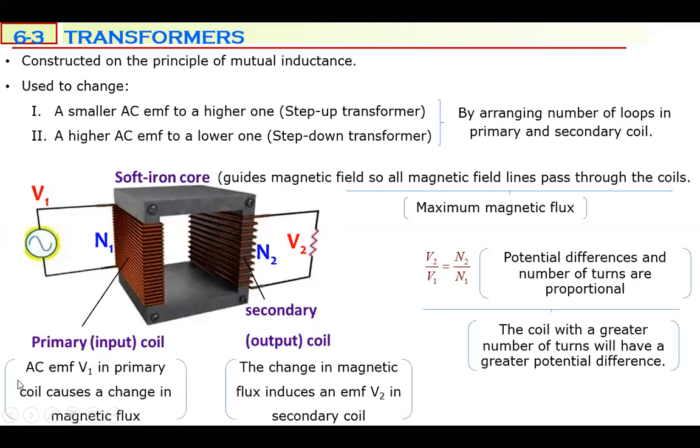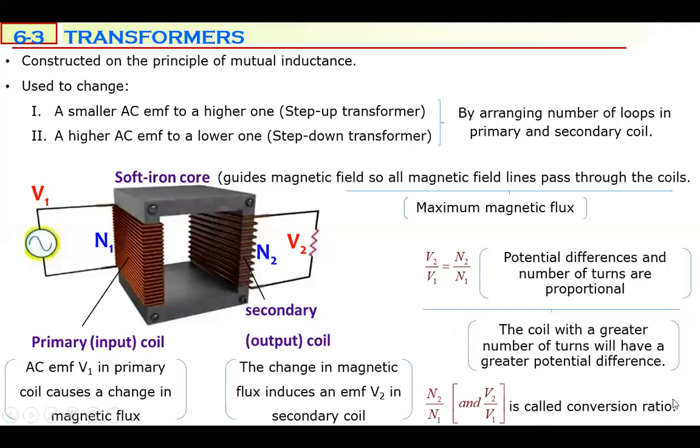So I say that an EMF V1 in the primary coil causes a change in magnetic flux on the secondary coil. The change in magnetic flux induces an EMF V2 in the secondary coil, and we got this equation: V2 over V1 is proportional to N2 over N1. And this V2 over V1 or N2 over N1 is given a name.